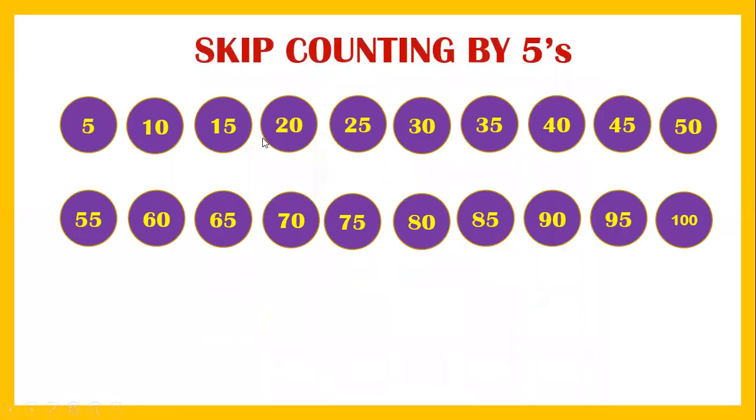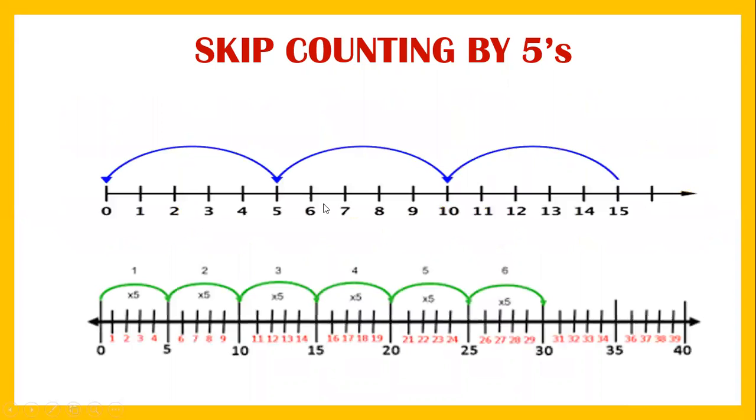Next one, let's keep counting by 5. So skip counting by 5. 5, 10, 15, 20, 25, 30, 35, 40, 45, 50, 55, 60, 65, 70, 75, 80, 85, 90, 95, 100. Okay, great. So to skip count by 5, you add 5 each time, from 0 to 5. So look, 5, 10, 15, 20, 25, 30, 35, 40.